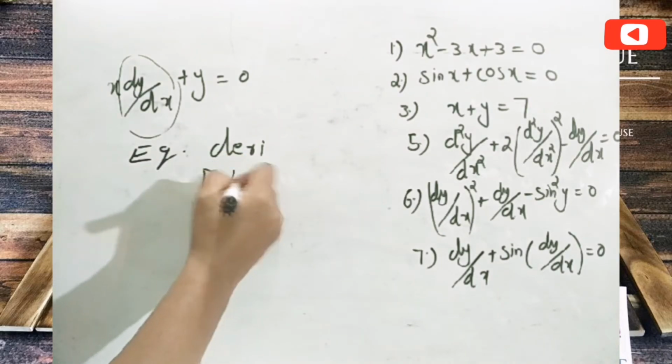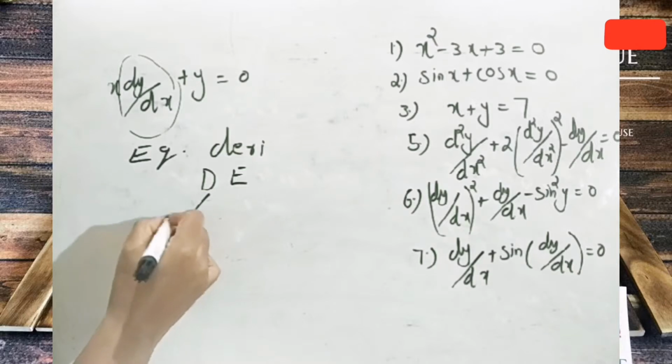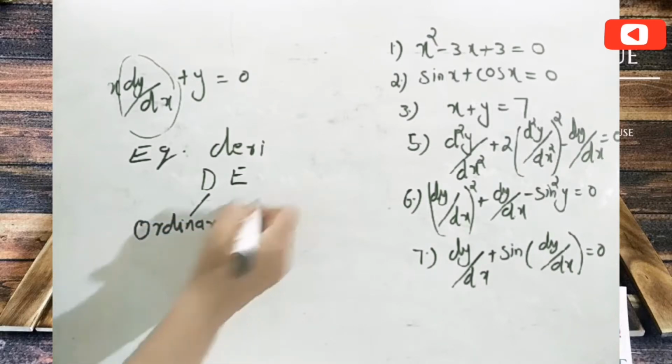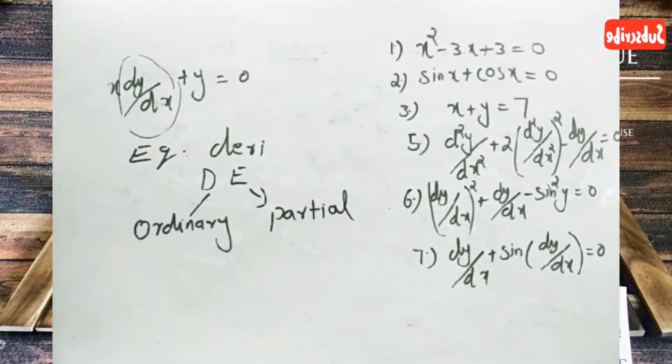The differential equation, actually we have two types. One is ordinary differential equation and the second one is partial differential equation. An ordinary differential equation means a differential equation involving derivatives of the dependent variable with respect to only one independent variable.